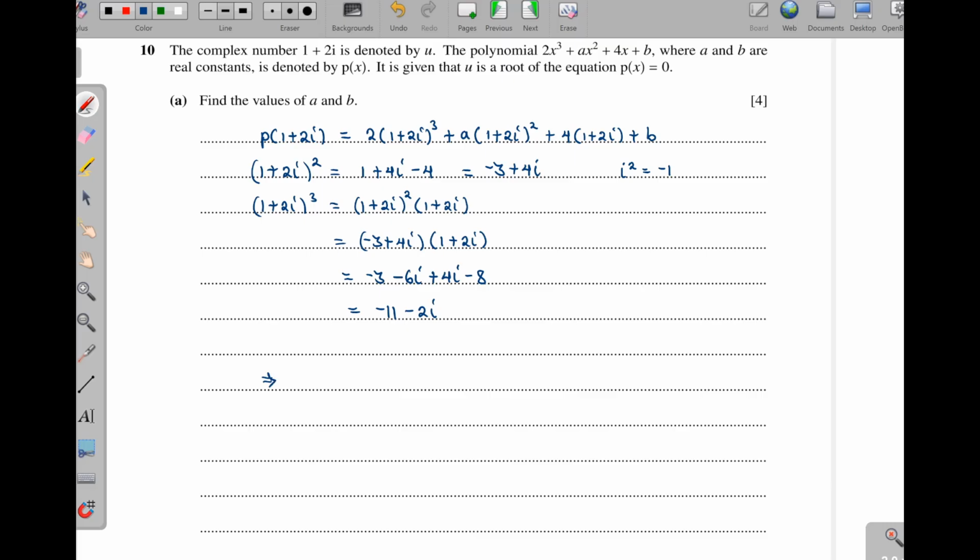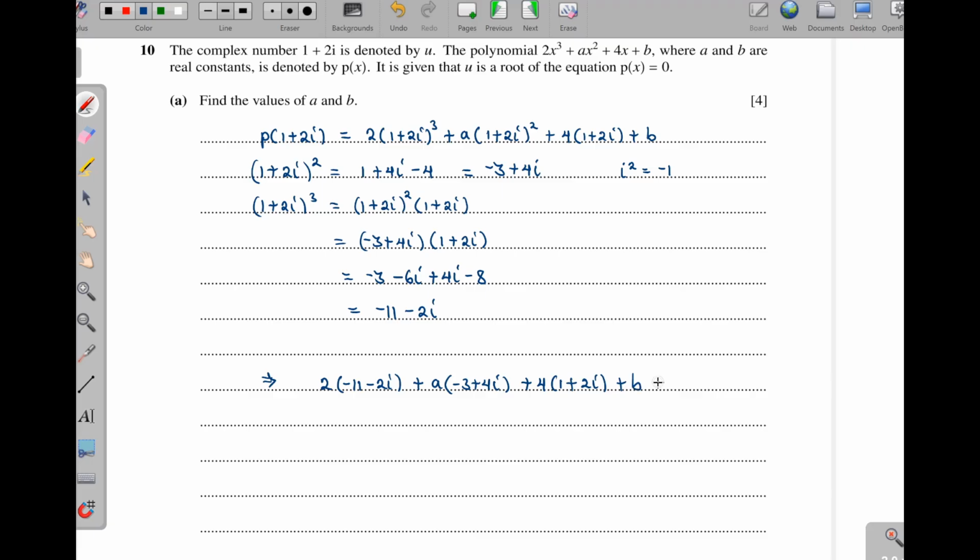Now, 2 times this cubed is here, so we shall have 2 times (negative 11 minus 2i), plus a times (negative 3 plus 4i), plus 4 times (1 plus 2i), plus b.